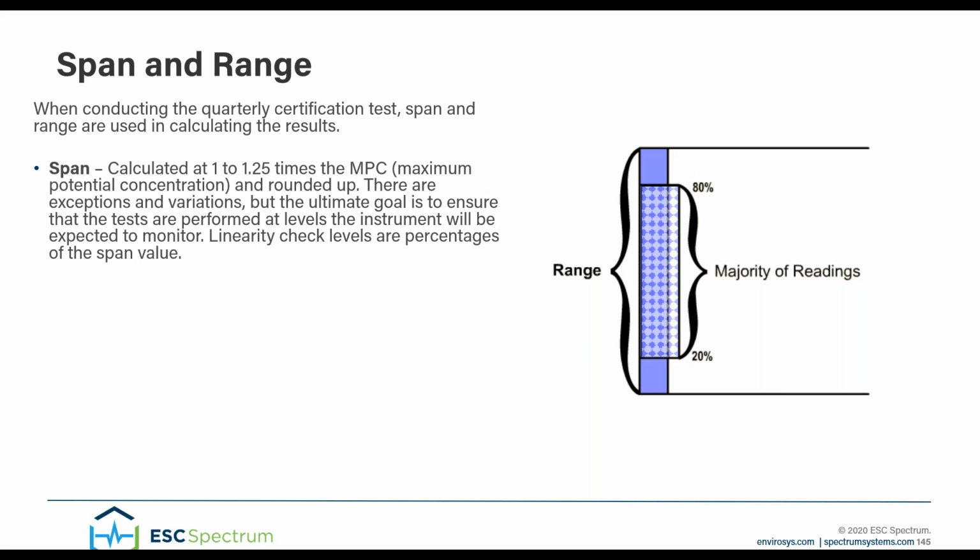Your car goes from 0 to 120 on your speedometer. But you don't operate your car at 0, nor do you operate it at 120. You operate it between 30 and maybe 80, depending upon where you live. So the range would be the 0 to 120, but the span would be the 30 to 80.